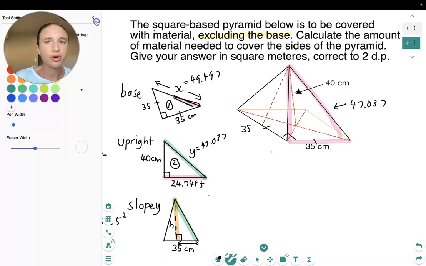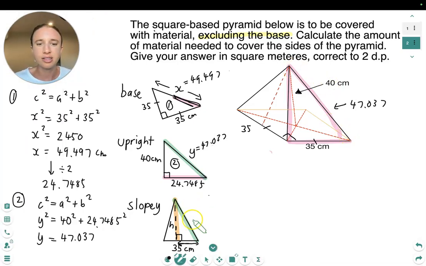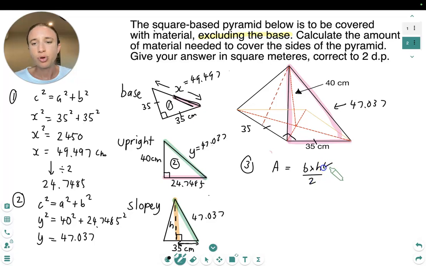We know now what this side length is, 47.037. Now, what's the rule for area of a triangle? Because that's our goal, right? We want to find the amount of material needed to cover. Material means area. Area of a triangle is base times height divided by 2. And it's important to know that's the perpendicular height.